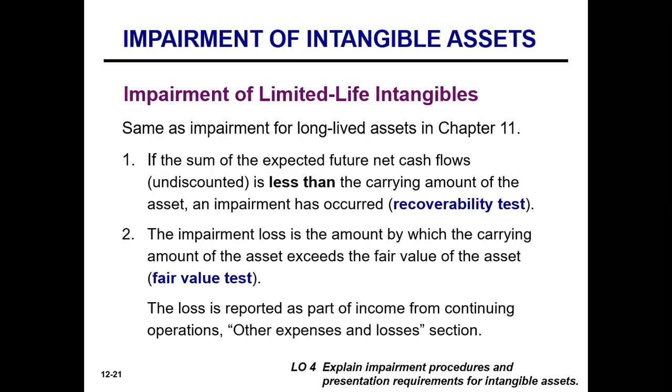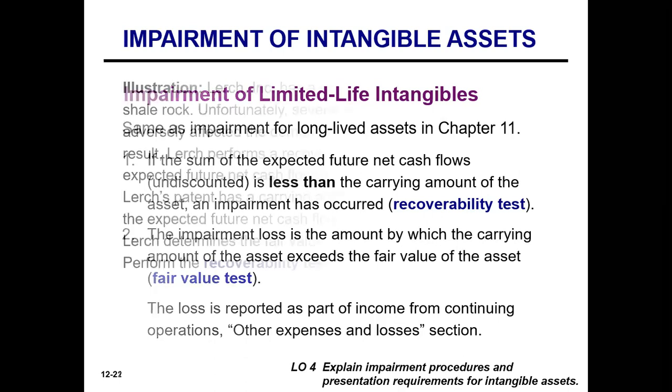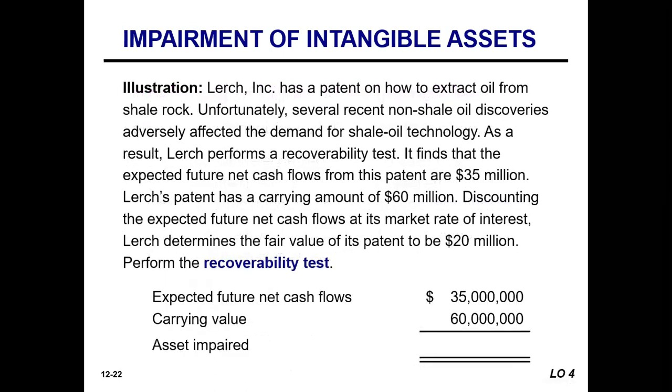Number one, if the sum of the expected future net cash flows is less than the carrying amount of the asset, an impairment has occurred. Number two, the impairment loss is the amount by which the carrying amount of the asset exceeds the fair value of the asset. And loss on impairment is reported on the income statement under the other expenses and losses section.